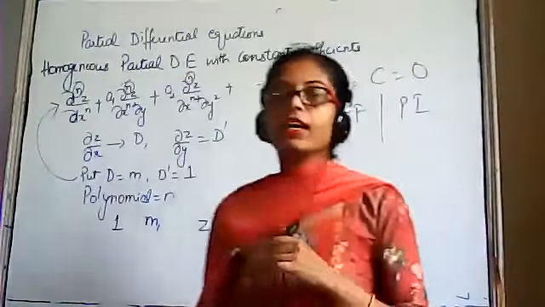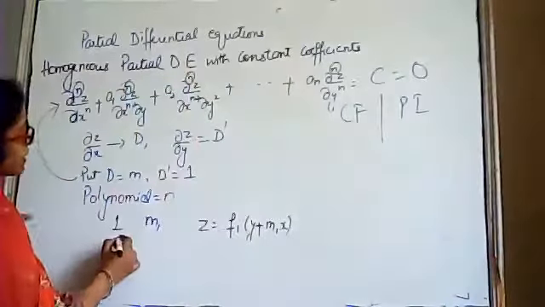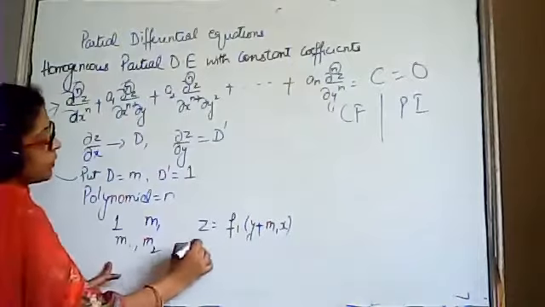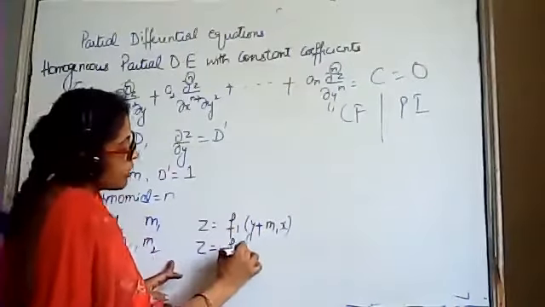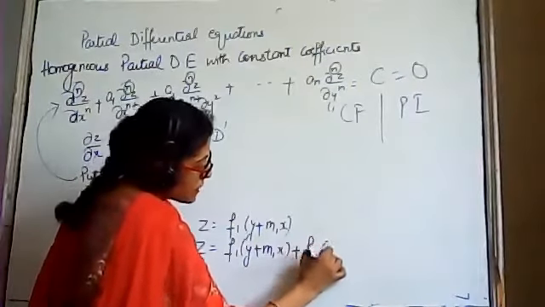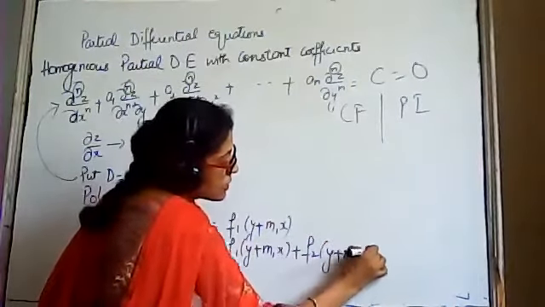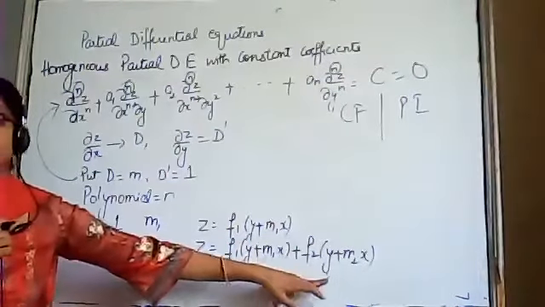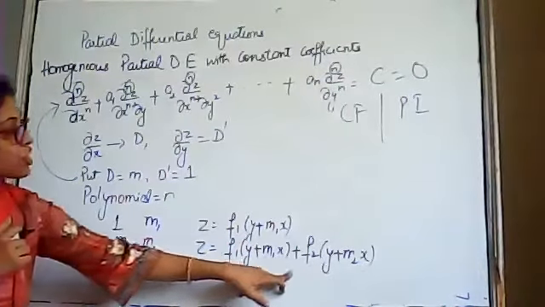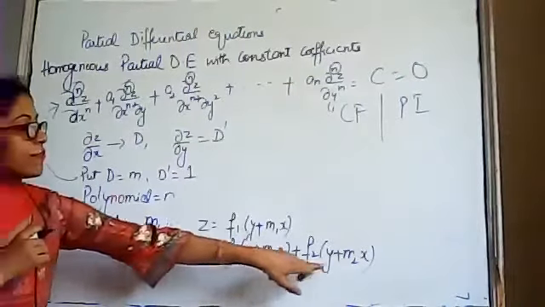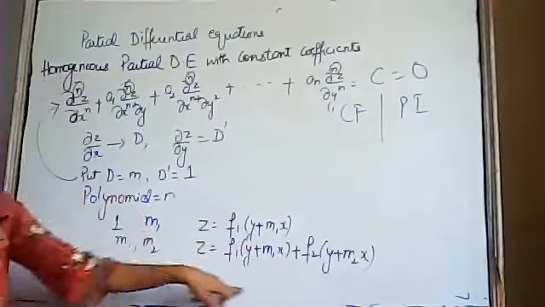If we have a quadratic equation, we will have two roots, let them be m1 and m2. In that case, the complementary function will be z equals f1(y + m1x) + f2(y + m2x).